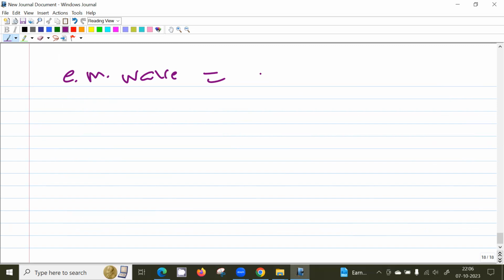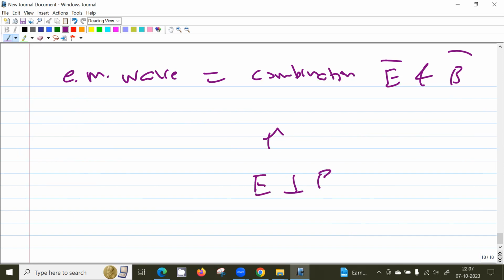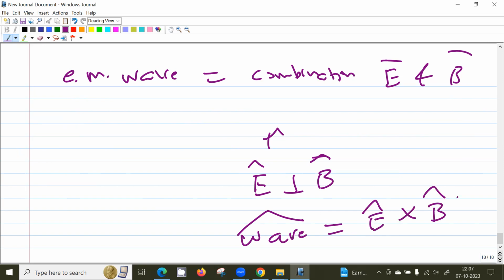It's a combination of electric field and magnetic field, E and B, and it's a special combination: the electric field and magnetic field are in perpendicular directions, and the direction of propagation of the wave, which we represent as wave cap, is equal to E cap cross B cap.